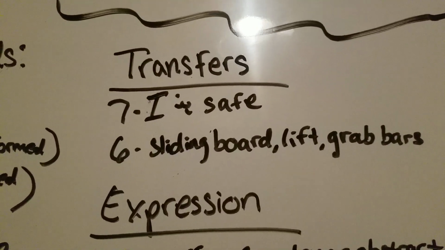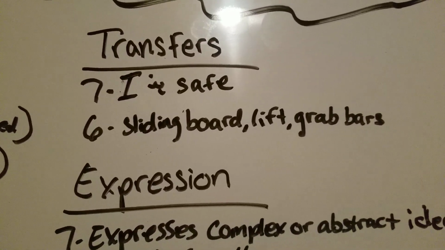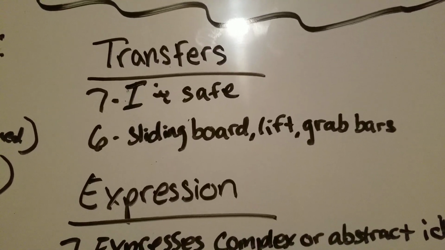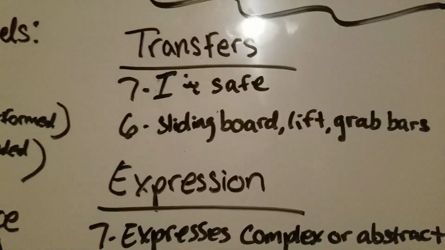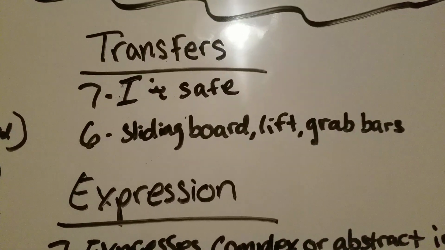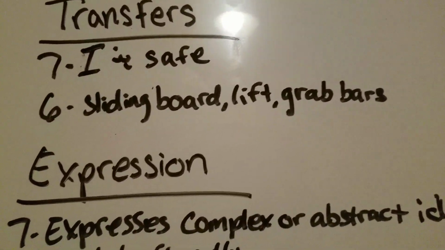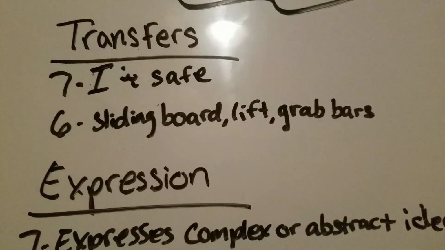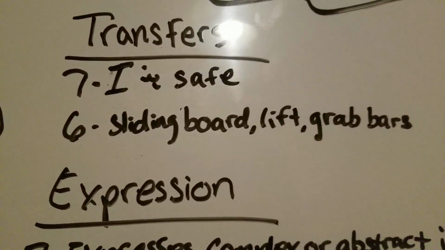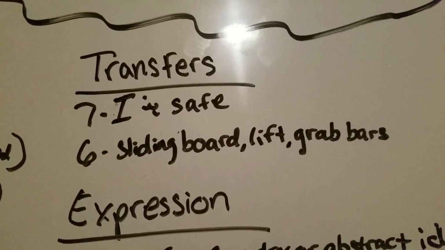A 6 is the individual can complete it, but they may require a sliding board, a lift, a grab bar, but they can do the task. So they're able to know how to safely get themselves there, whether they are walking over or if they're using a wheelchair. They know to lock their brakes and to place themselves into the bed or what have you safely. That's what gives them a 6.